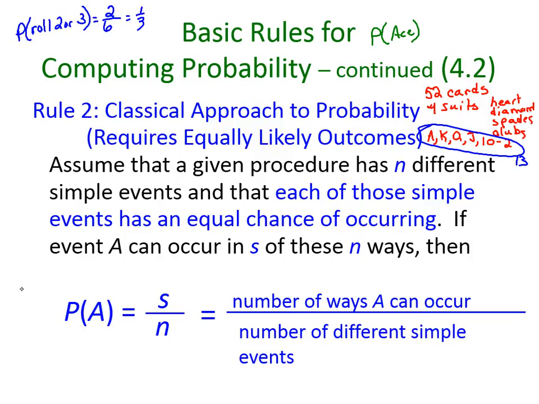There are 4 aces in the deck because there's an ace in each one of those suits, out of the 52 cards. And so 1 out of 13 of those are going to be an ace. Questions on using the classical approach to probability? Reduce fractions? Yes, always reduce fractions.